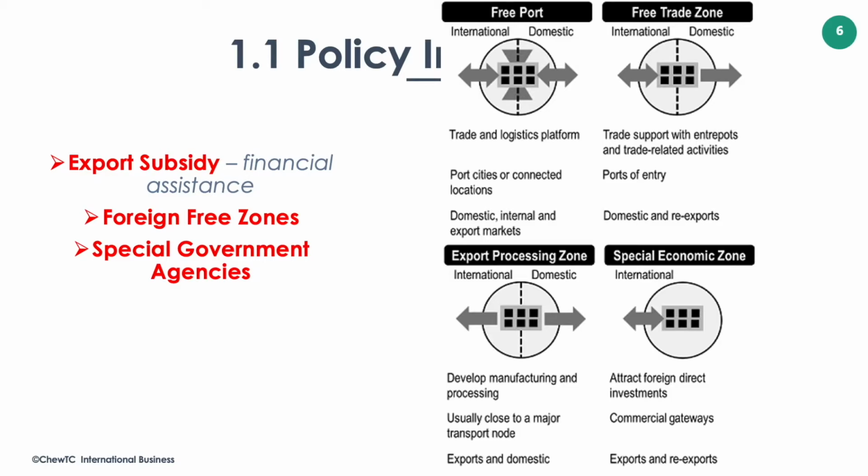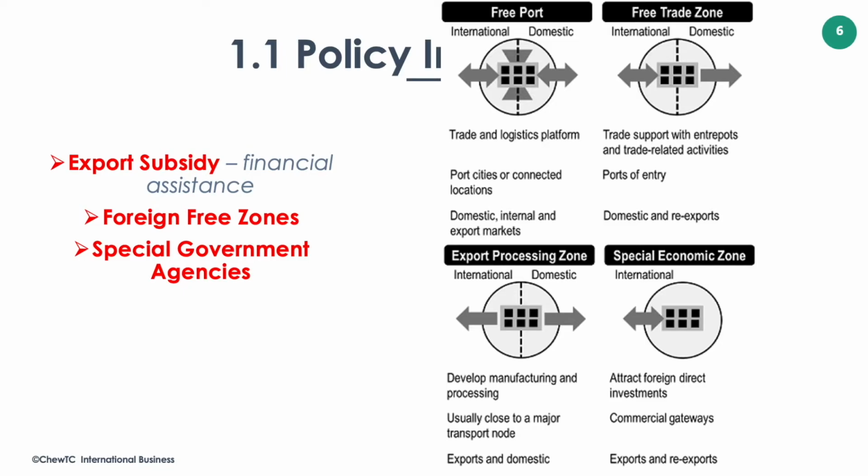Free ports are considered to be the broader term of a free zone as they include a rather large area and can cover a wide range of activities and incentives to promote economic development and trade. They can include several free zones or be constituted of a single one.